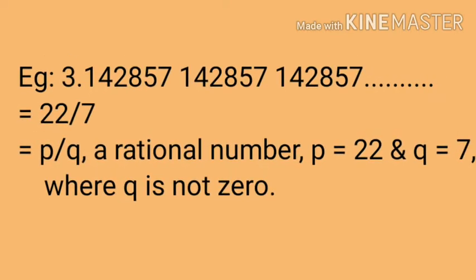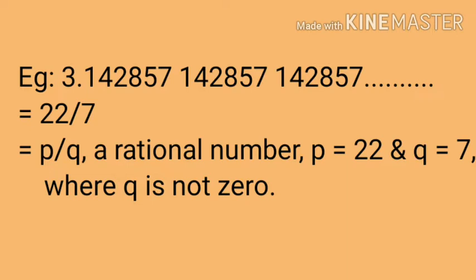Let us take one more example. Here, the non-terminating and recurring or repeating decimal is 3.142857 142857 142857... Here, children, in the decimal part, a group of 6 digits is repeating, and that is why it is a non-terminating and repeating decimal, because in the decimal part there are infinitely many digits.